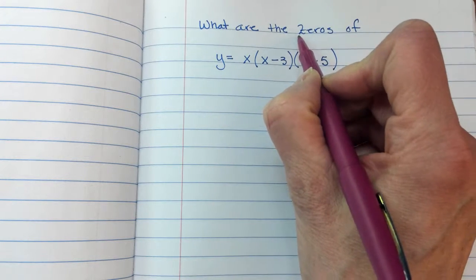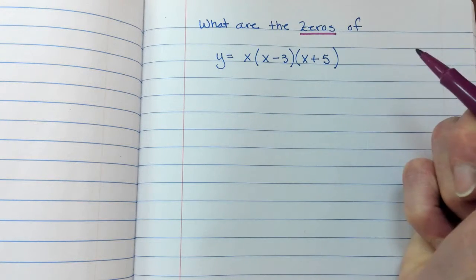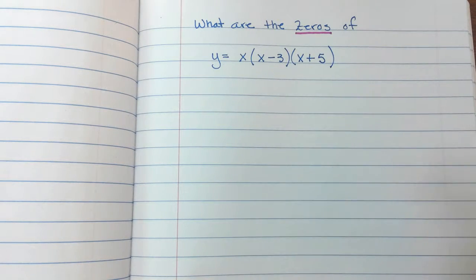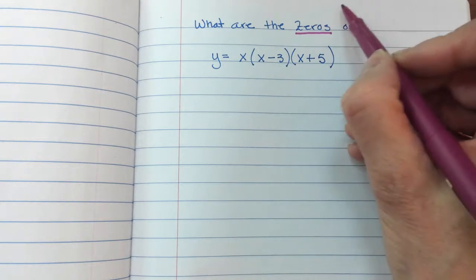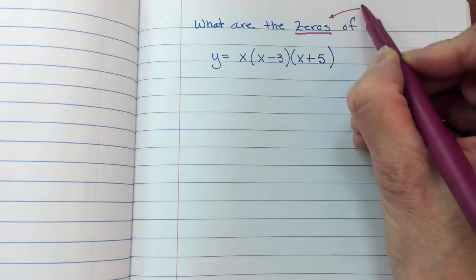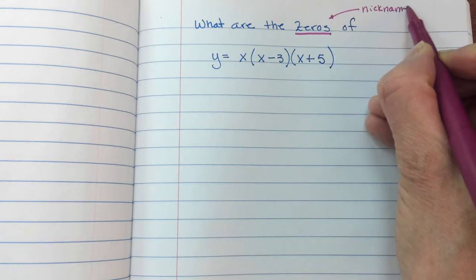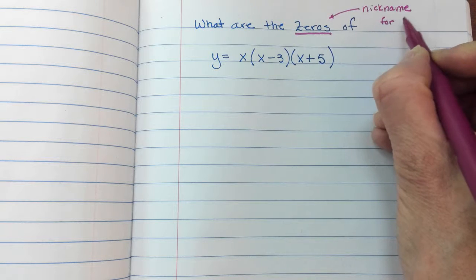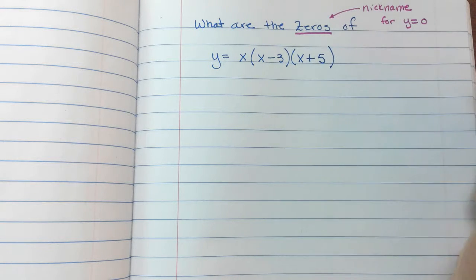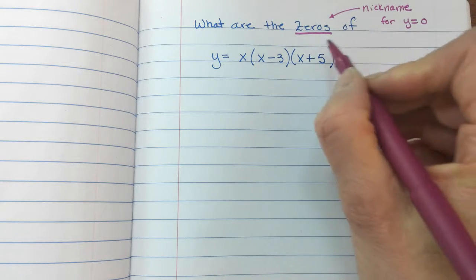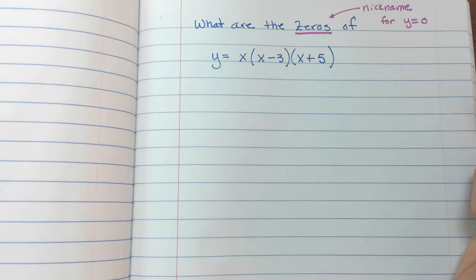Before I get ahead of myself, I want to make sure that we understand what the word zeros means. Zeros is actually a nickname for where y equals 0. So y has to equal 0 in order to find the zeros.